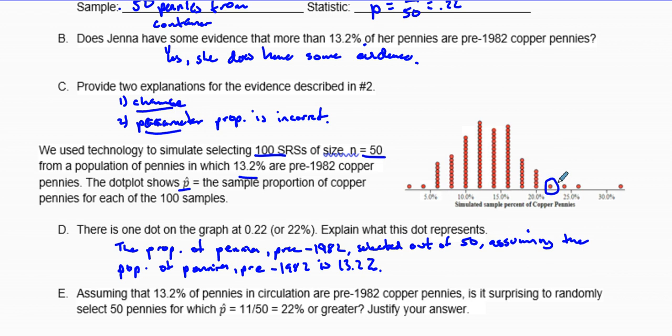So that one dot is essentially the proportion of pre-1982 pennies out of 50 pennies, assuming the population of the pennies was 13.2%.